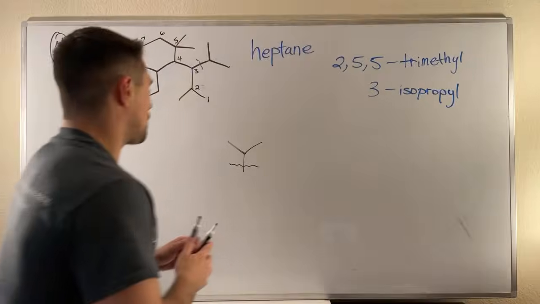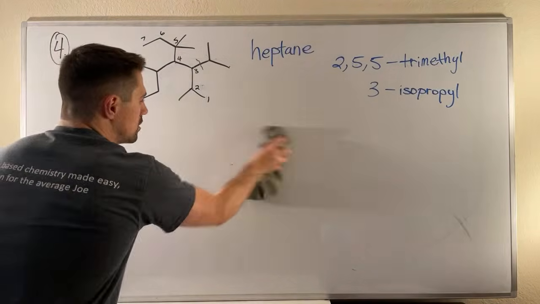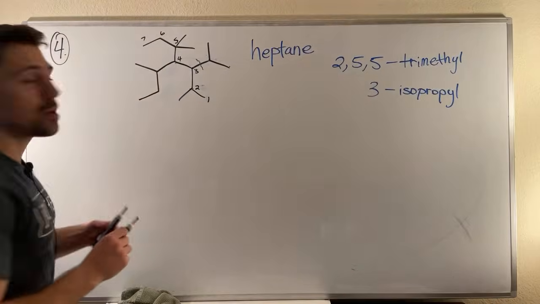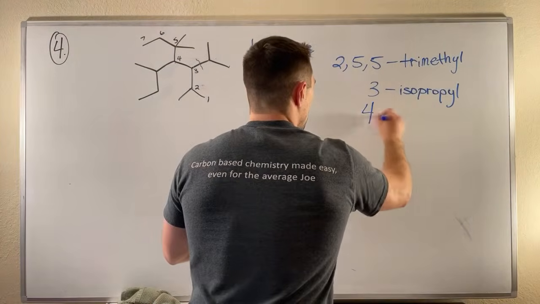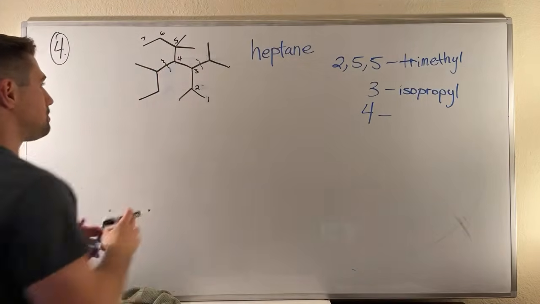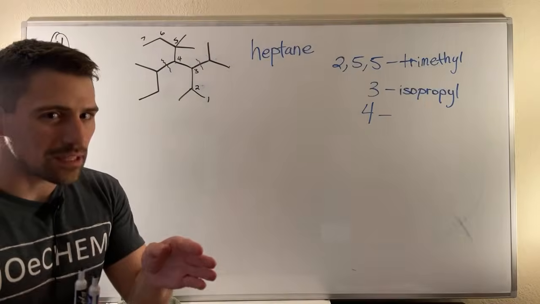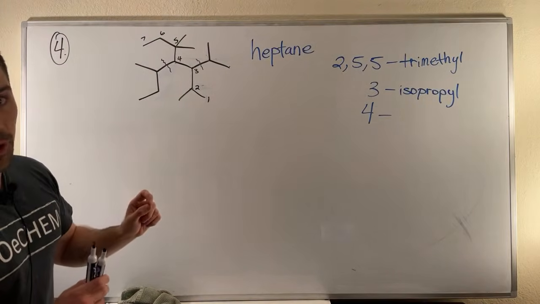Okay. Now here's where the common naming will really help you out. We only have 1 more substituent in this molecule, and it's at position number 4. For 4, we have this kind of monster over here. But it's not really a monster. There's 1, 2, 3, 4 carbons here, okay?